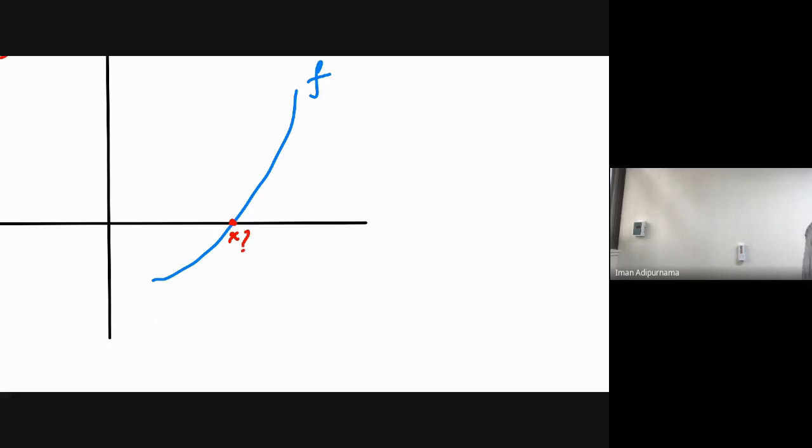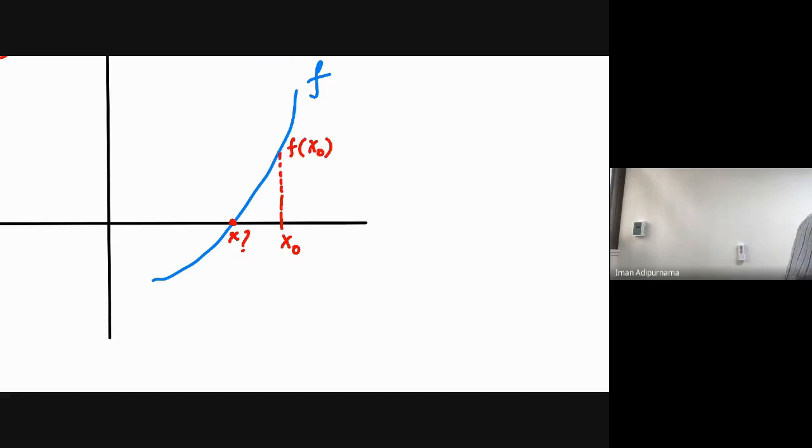Okay, we can start approximating this x with another point. Let's say we have this x0. So at x0, you have f of x0.